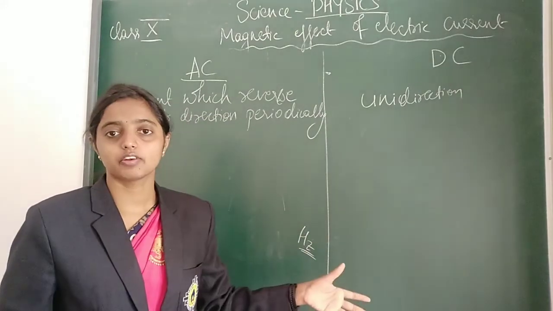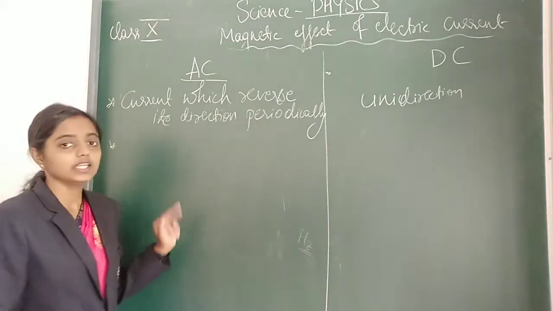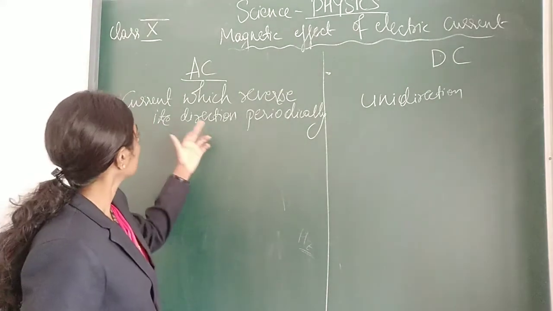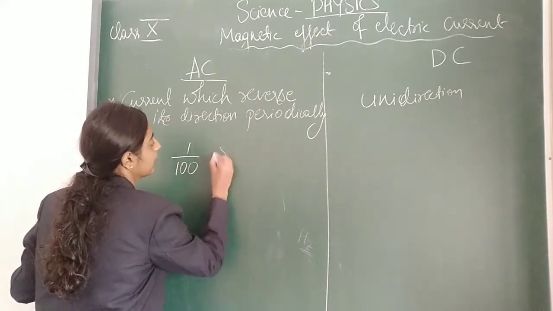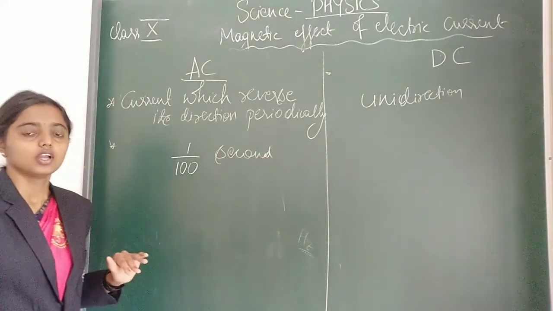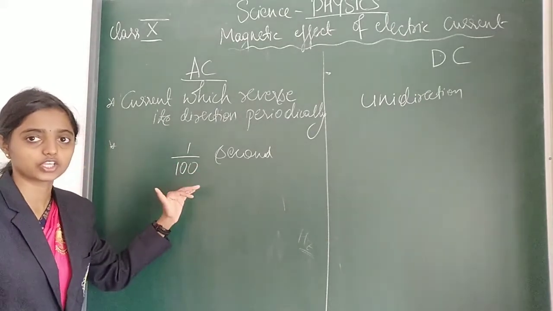That is, they mention the frequency, and the SI unit of frequency is hertz. Here in India, the reversing of this alternating current takes place every 1 by 100 of a second, or as we can say, in each fraction of a second. This 1 by 100 is for half a rotation.